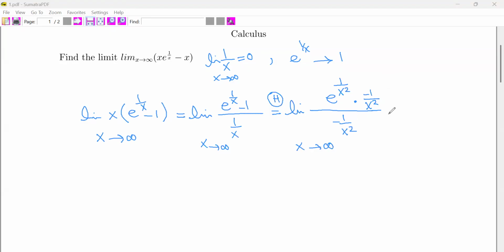So these two will cancel out, and we're left with the limit of e to 1 over x, not x squared, when x is approaching infinity. It will be e to the power 0, because 1 over infinity is 0, and the answer is 1.